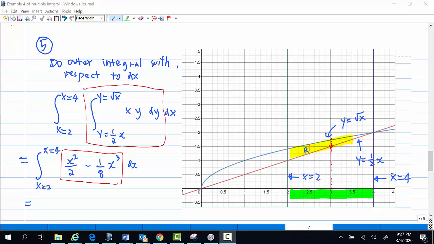Now, if we integrate this with respect to x, you'll get x power 3 over 6 minus x power 4 over 32, from x equal to 2 to x equal to 4. After you substitute the limit, you get the answer 11 over 6, which is also equal to 1.833.